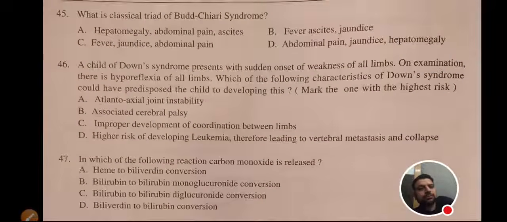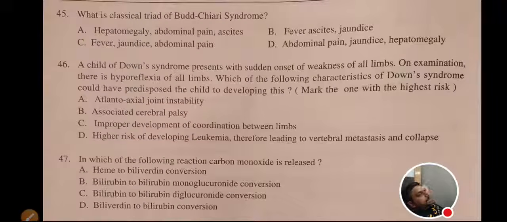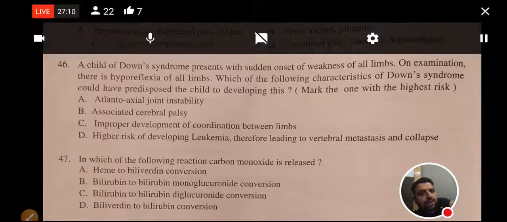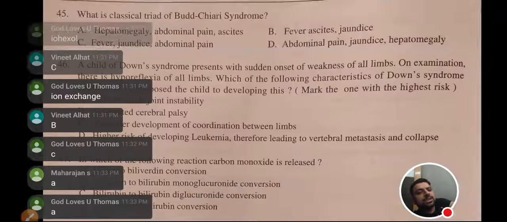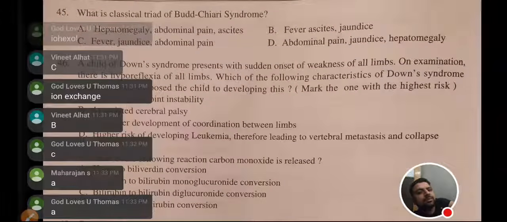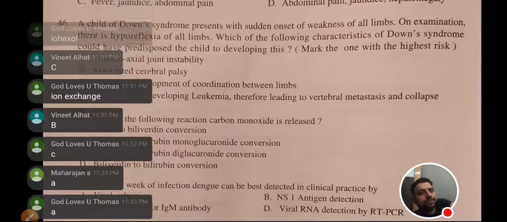Now, what is the classical triad of Budd-Chiari syndrome? Even this I explained in the revision one day before exam playlist. If somebody watched the lecture about Budd-Chiari syndrome which I delivered, they know the answer. Answer is hepatomegaly, abdominal pain and ascites.